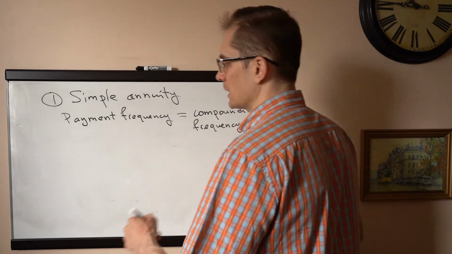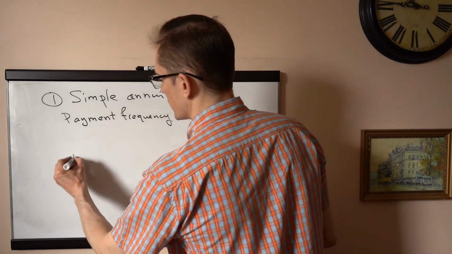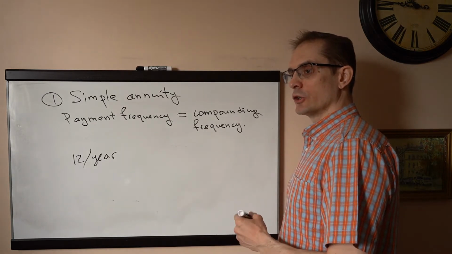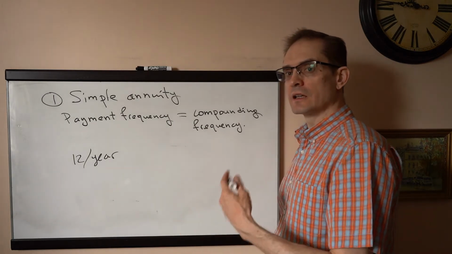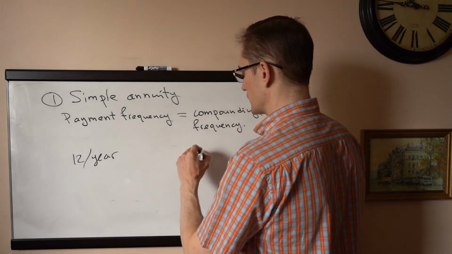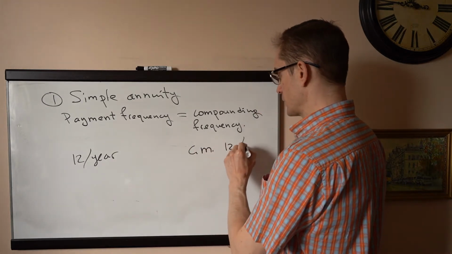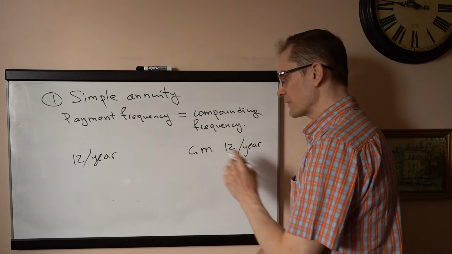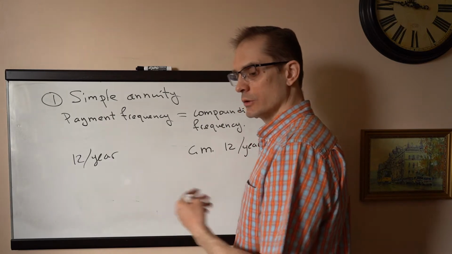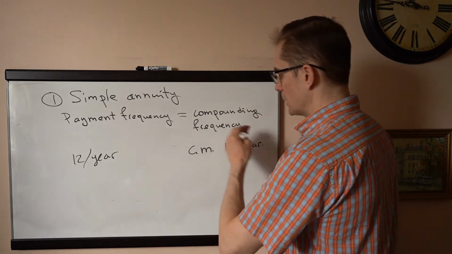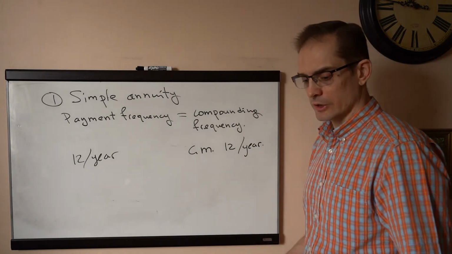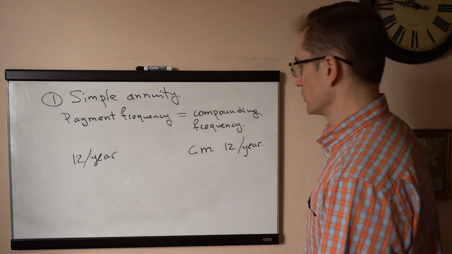If you pay at the end of every month, your payment frequency is 12 per year. If at the same time the rate which the bank gives you for your investment is also compounded monthly, which means 12 times per year, then the annuity is simple. You pay 12 payments per year, you pay every month, and your rate is also compounded monthly. That is the situation when you have a simple annuity. We'll see in examples how that will look.